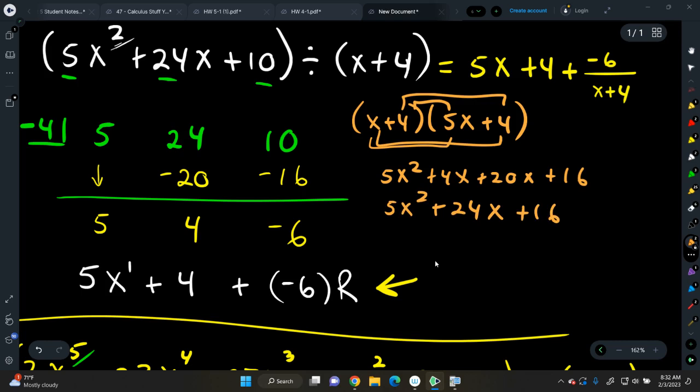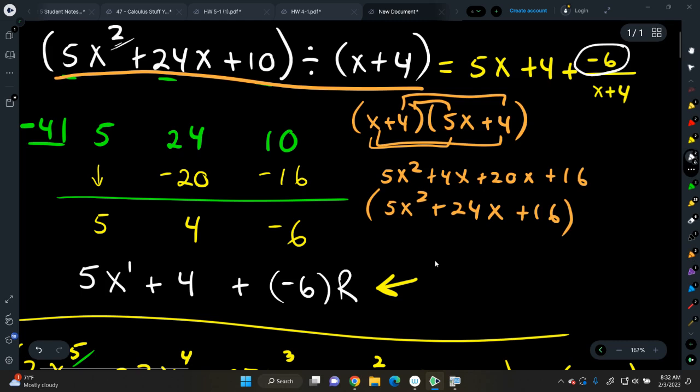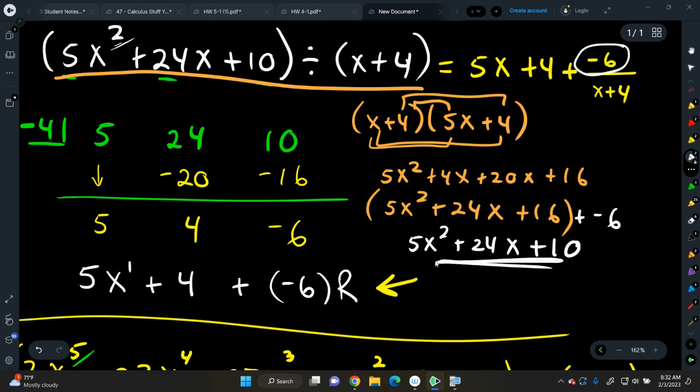Did that work? What should this have equaled? 10. So how do I get it to equal 10? Add that remainder in there, plus negative 6. Now it equals 5x squared plus 24x plus 10, which is what it should equal. So we add the remainder back.